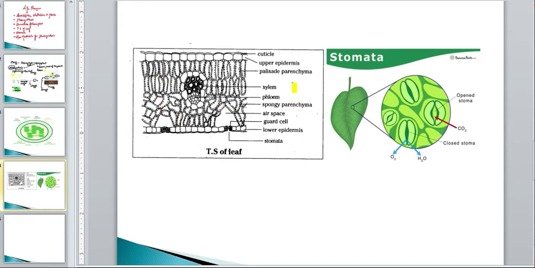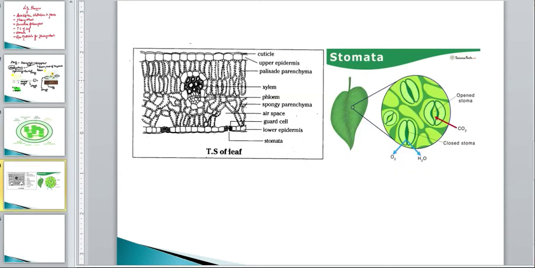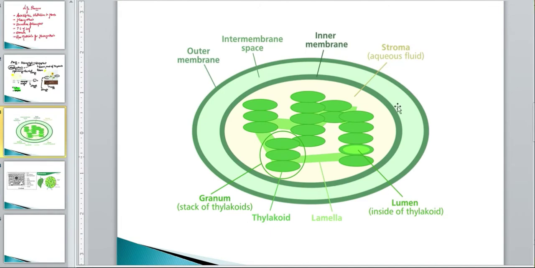They are called mesophyll cells, and the mesophyll cells are said to be the photosynthesizing cells where the chloroplast is present. These dotted structures over the periphery of the cells are called chloroplast, and this is the structure of a chloroplast. It is a cellular organelle which is present inside the cell like this. So this is the chloroplast.